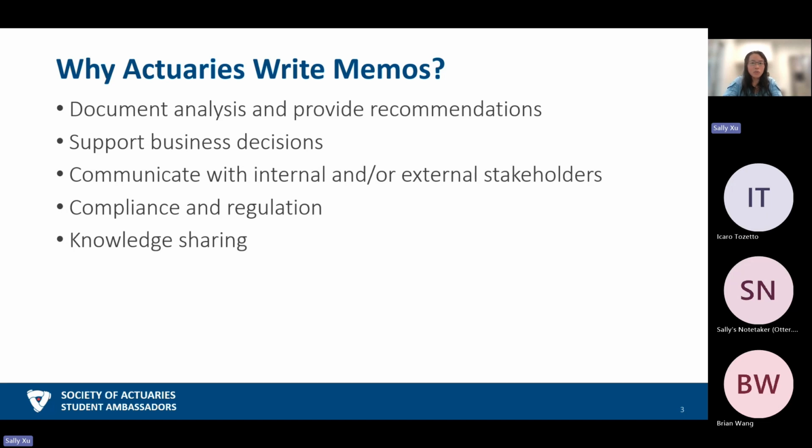And we often have to deal with compliance regulations. So memos can document the actual work that meets those regulatory and professional standards, and make sure that we remain compliant with legal and financial reporting requirements. And internally, actuarial memos can help share the knowledge within your team or company, and it makes it easier for others to understand your analysis and methods.